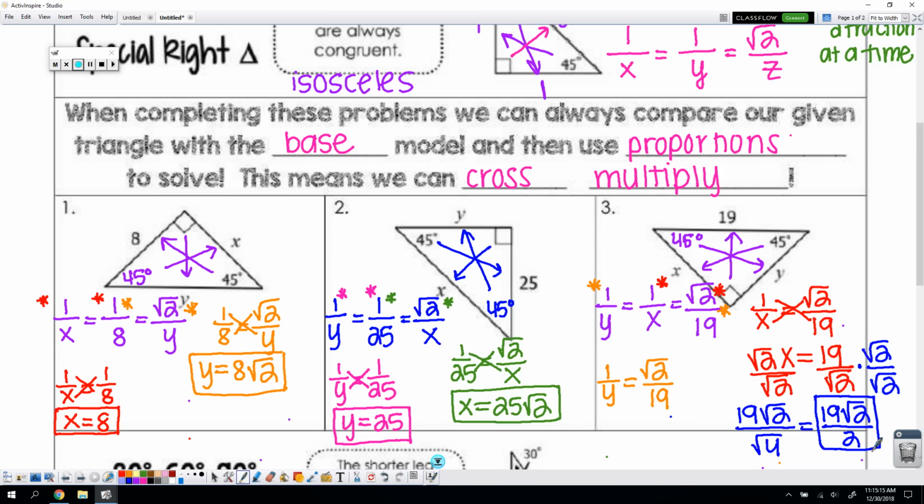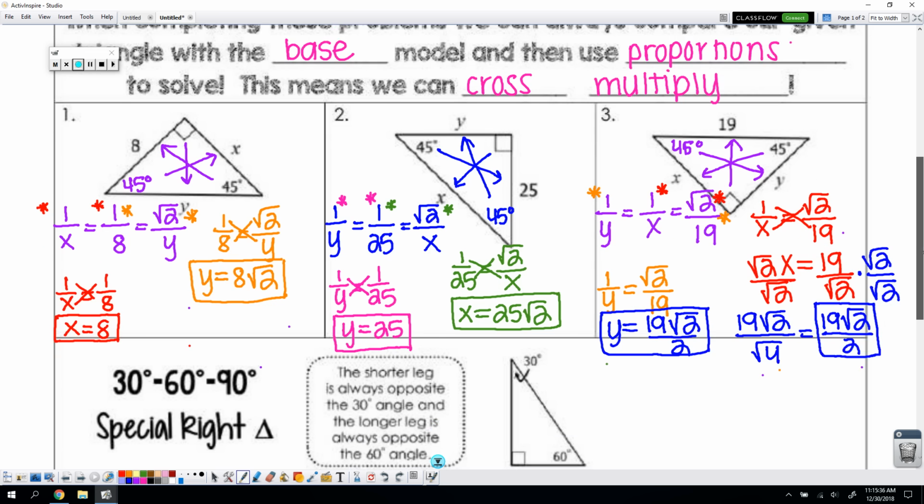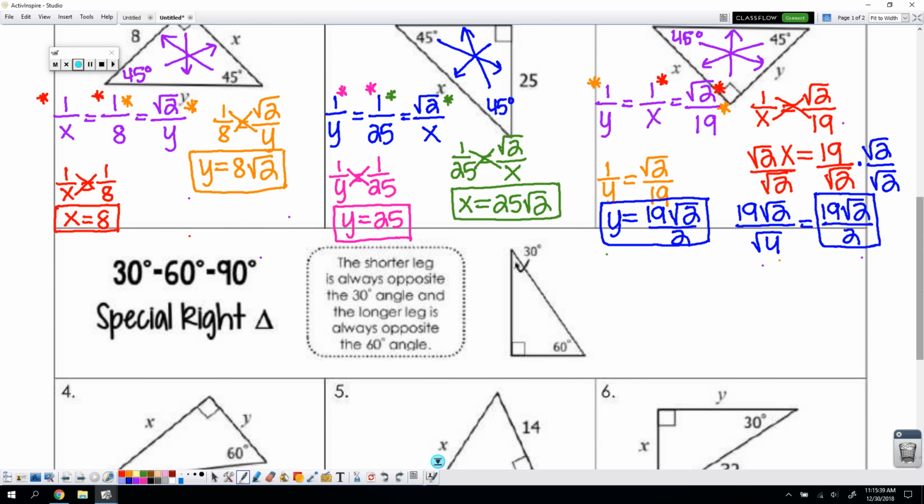So we found x, and because x and y are exactly the same, because our setup was the same, that means that y is also 19 square root 2 over 2. Okay? And that's just as hard as it gets. It does not get any harder than that.